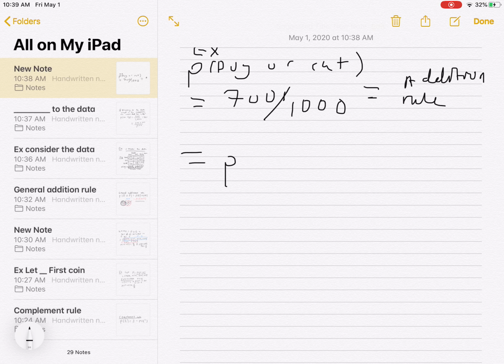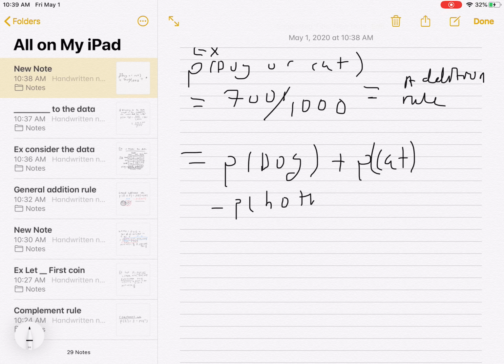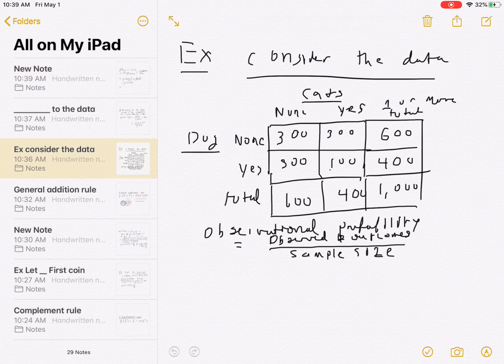or I could do the addition rule. The addition rule would say I could do probability of dog plus probability of cat minus probability of both. And if I did that, I'd have to go back to the table again. So probability of dog is 40%, probability of cat is 40%, and probability of both, that's that 100.